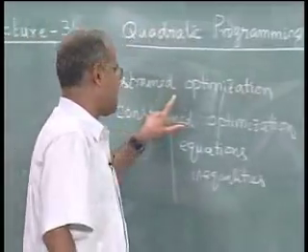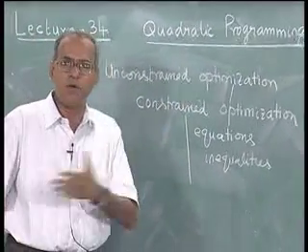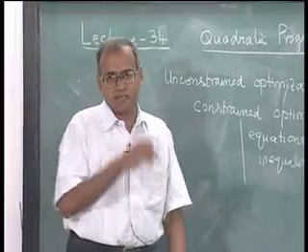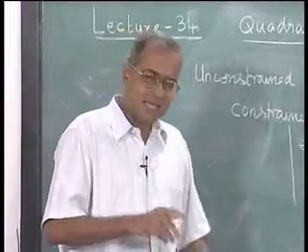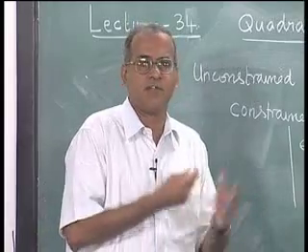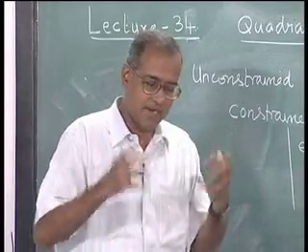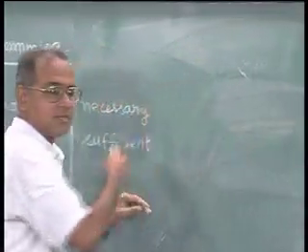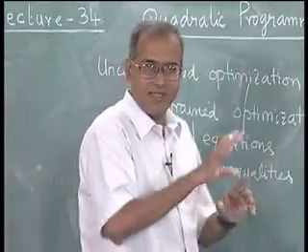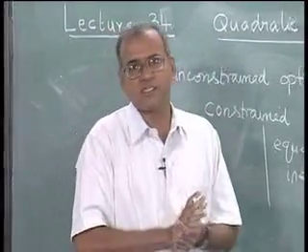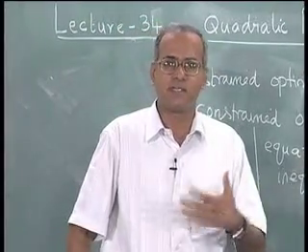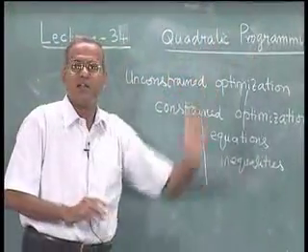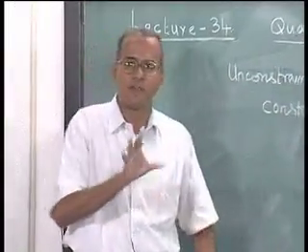If we have an unconstrained optimization problem with multiple variables, then dou f by dou x equal to 0 would give us the maximum or the minimum, and then the dou square f by dou x square will have to be computed as a matrix. We need to do dou square f by dou x1 square, dou square f by dou x2 square, and so on. So, there are these sufficient conditions for whether it is a minimum or a maximum. Now, because we are restricting ourselves to quadratic programming, we are not going to concentrate that much on the sufficiency condition.